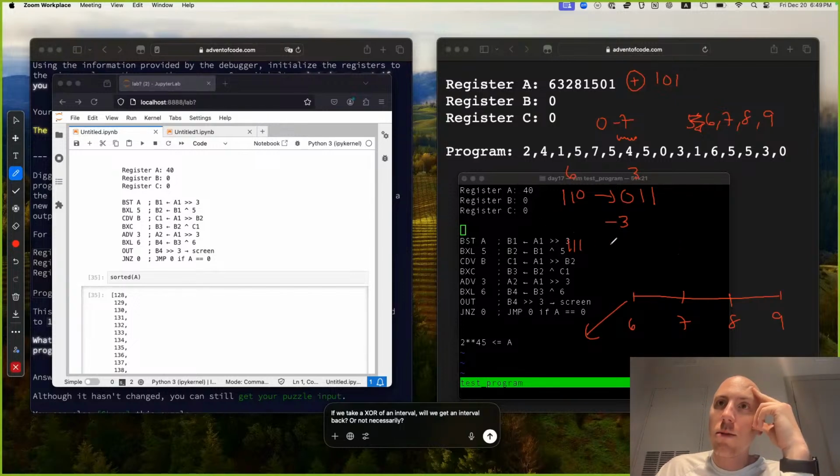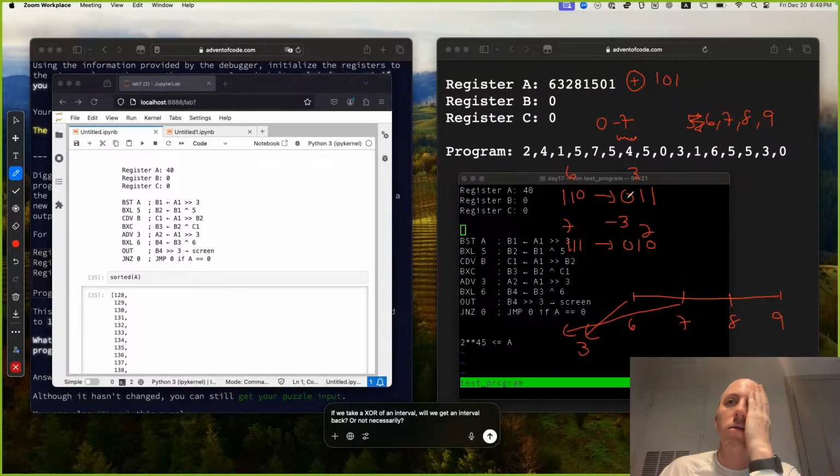7 goes to 3. 7's not going to. Yeah, 7 goes to 2. Hey, is that right? I don't think that's right. 6, that zeroes out.